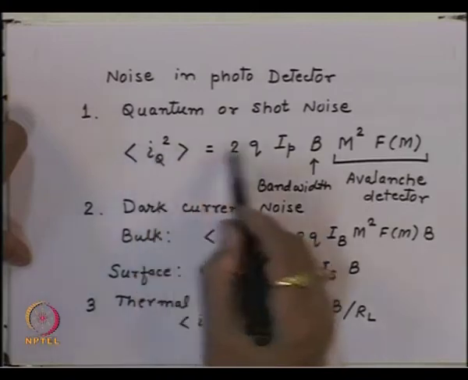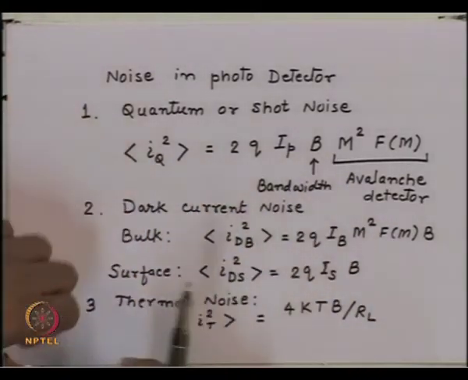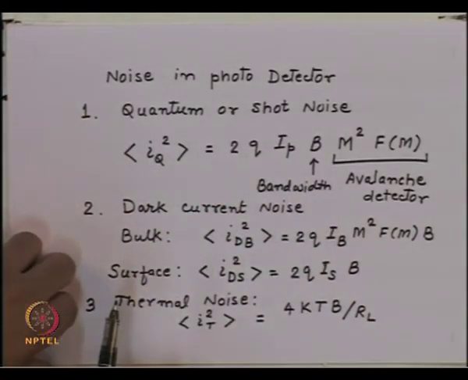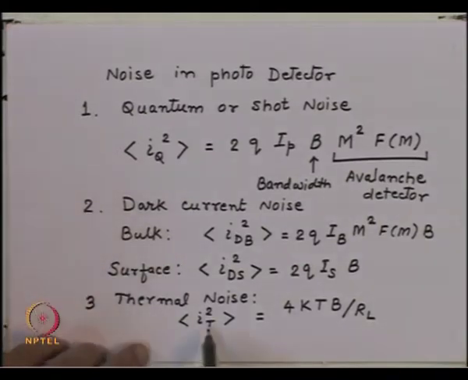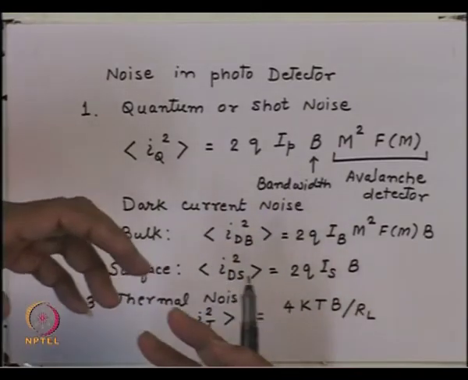So this noise is a multiplicative kind of noise. Whereas if I look at the thermal noise here, this is not related to the intensity of the optical signal or the average value of the current. So this noise is not multiplicative in nature. This noise is essentially additive in nature.